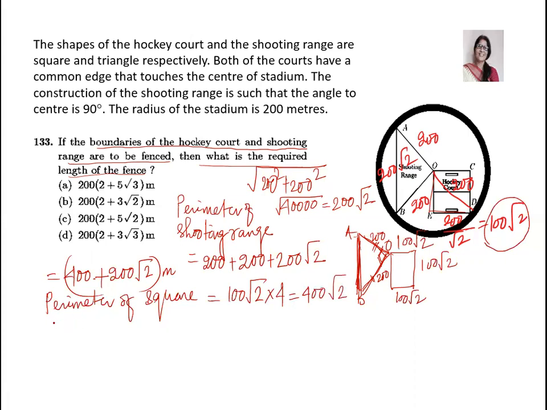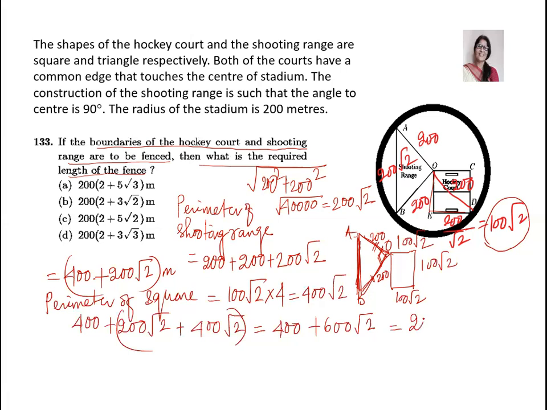So the total boundary will be 400 plus 200 root 2 plus 400 root 2. So how much are you getting? You are getting 400 plus, and these root 2 terms will be added, it will be 600 root 2. Now what can we take common?